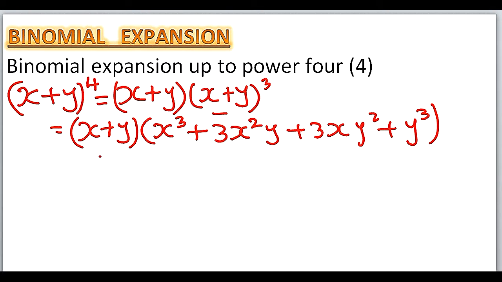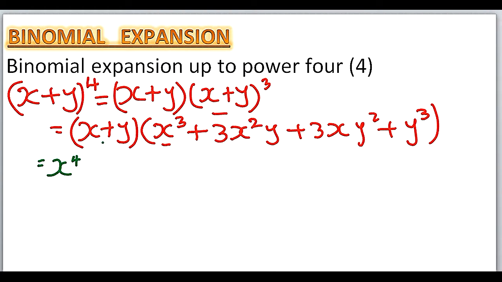So in this case, we need to multiply each and every term here by x. So we multiply x multiplied by x to power 3, we will get x to power 4.